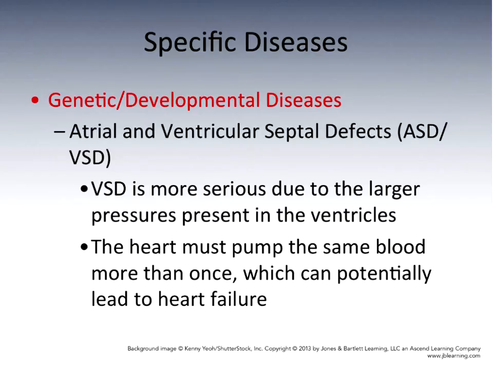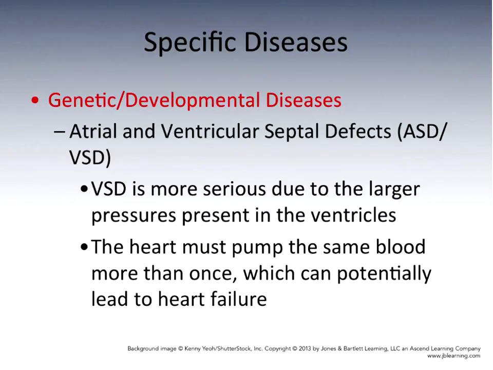So if the pressure is much higher on the left, the blood can go from left to right. So that is potentially a better outcome. Of course, in the current healthcare system, that can be detected early, and it can be repaired.